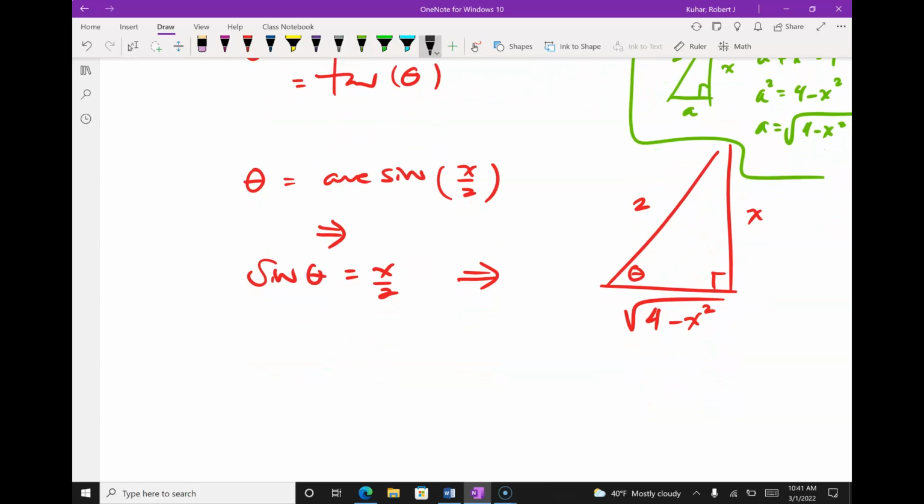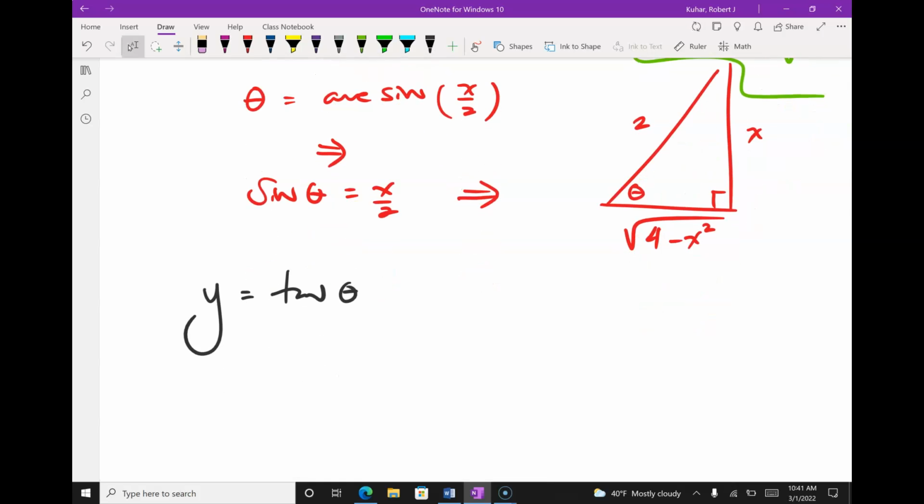All right, so we've got a real simple problem here now. We know y is tan of theta, right? But we're going to take d/dx of both sides. So what do I get? I get y prime. Derivative of tangent is secant squared theta times the derivative of the inside, which is what?